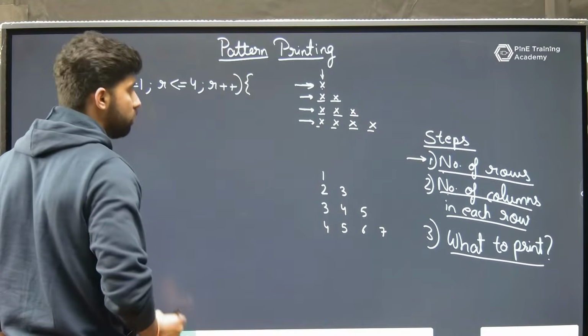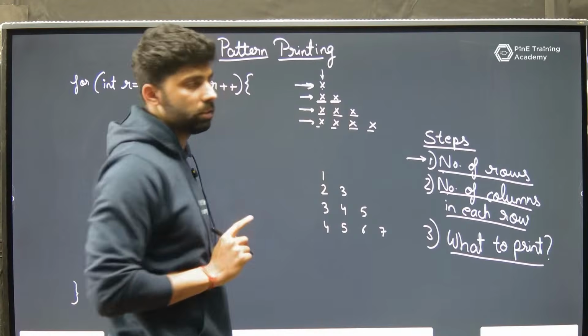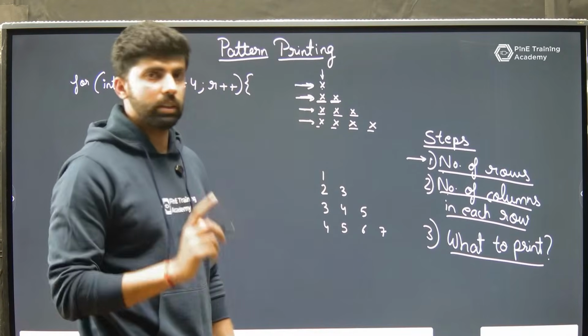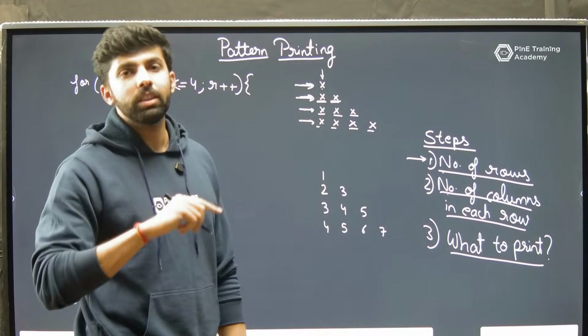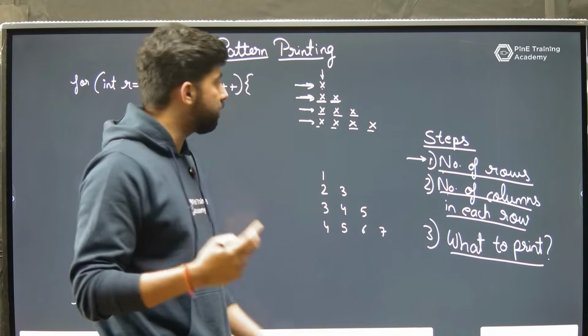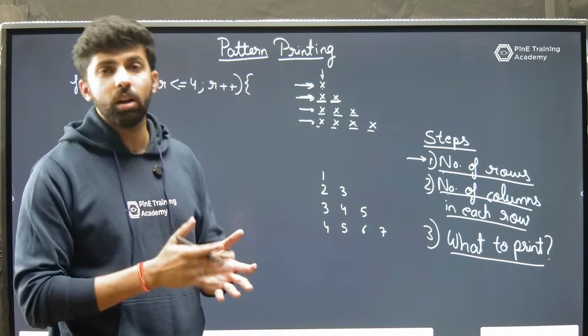What does it tell you? It tells that the column number depends on the row number, because if I have row number 2, I have 2 columns. If I have row number 3, I have 3 columns. That means the column number is depending on the row number.